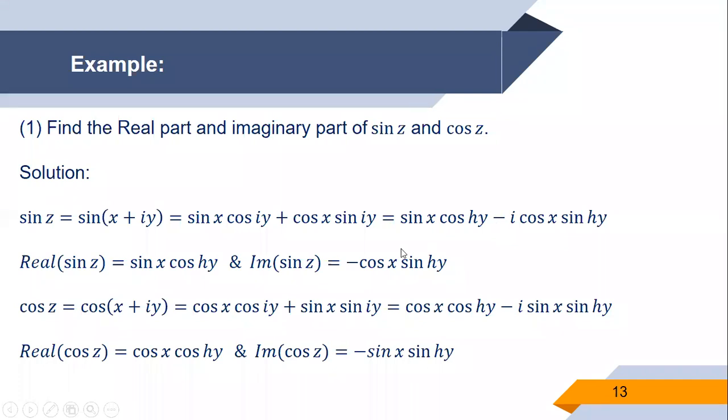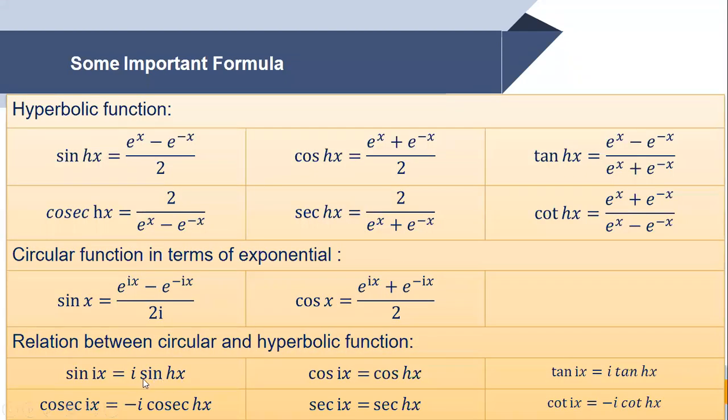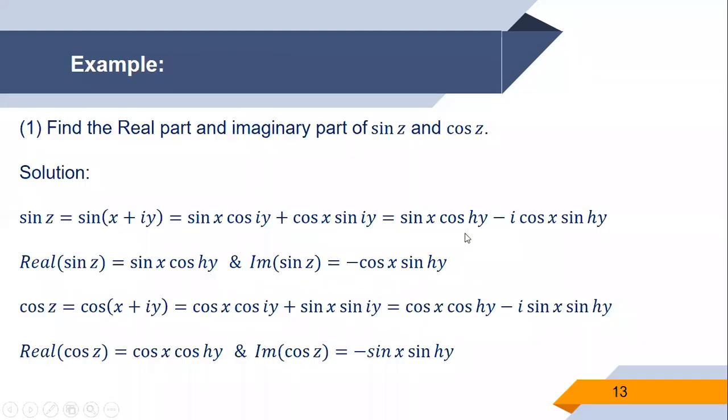Sin ix is i sin hyperbolic x, cos ix is cos hyperbolic x. So here the term is plus, not minus. So the real part of sin z is sin x cos hyperbolic y, and the imaginary part of sin z is cos x sin hyperbolic y. This term is plus, not minus.